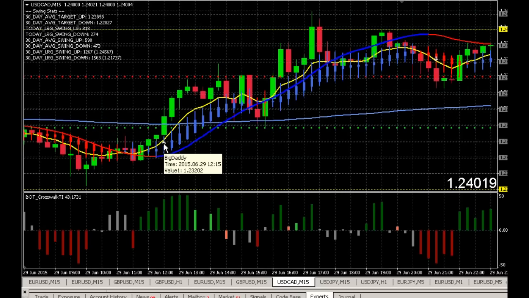Here's our little arrow here, very early move. Again, if you want to wait till we close above that 200, that's fine too. Just a nice smooth trade to the upside.